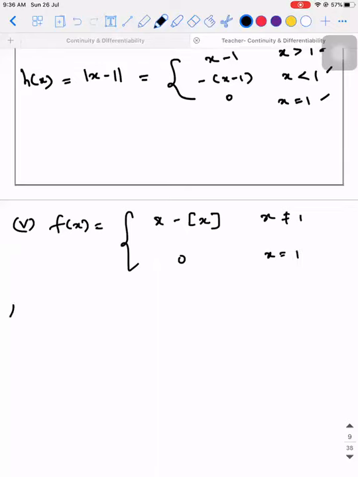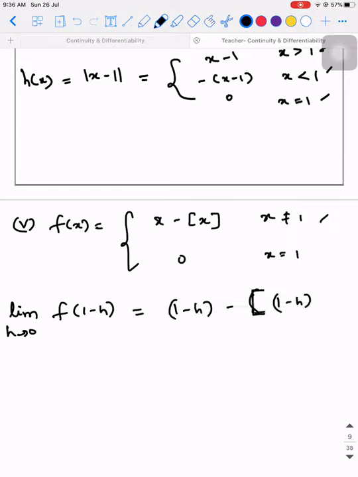I break this: limit h tends to 0, f of 1 minus h. 1 minus h means it is not equal to 1, so I have to write it as 1 minus h minus the greatest integer of 1 minus h. Don't forget this limit, h tends to 0. The greatest integer of 1 minus h is 0. Now you substitute h equal to 0 here, it will become 1.